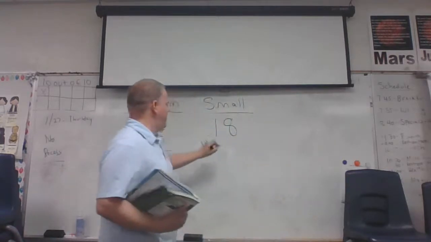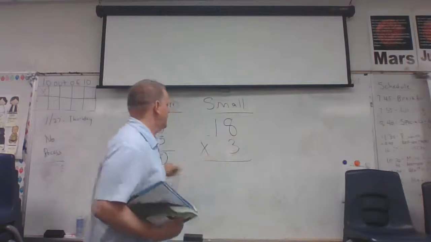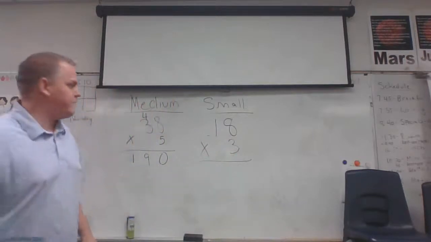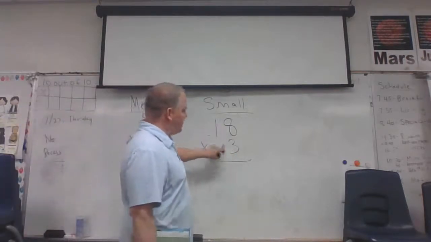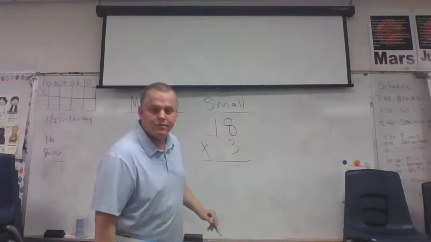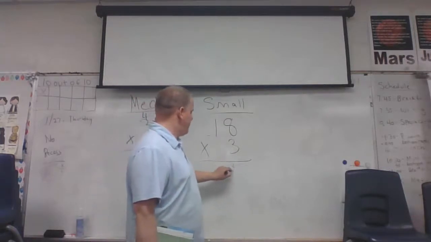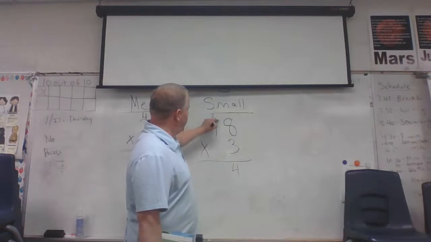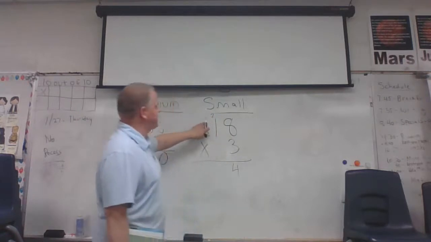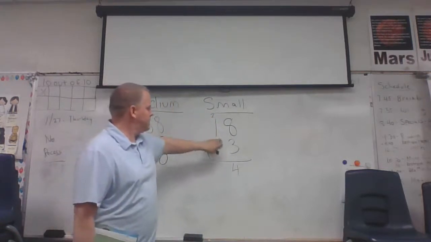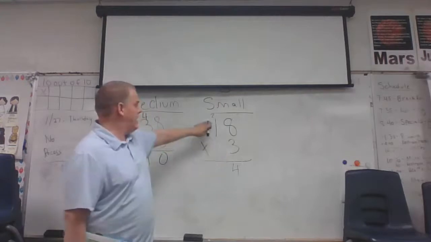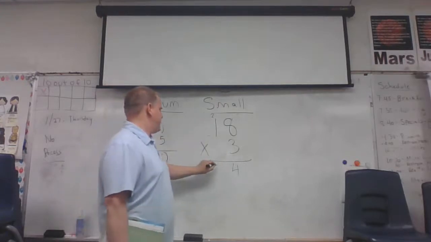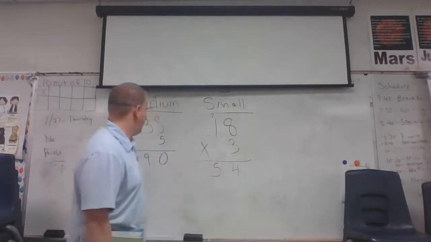And then we had 3 packages. So we have to do the math there. 8 times 3 is 24. 4, carry my 2 again in my tens column. 10 times 3 is 30, plus 2 more is 54.